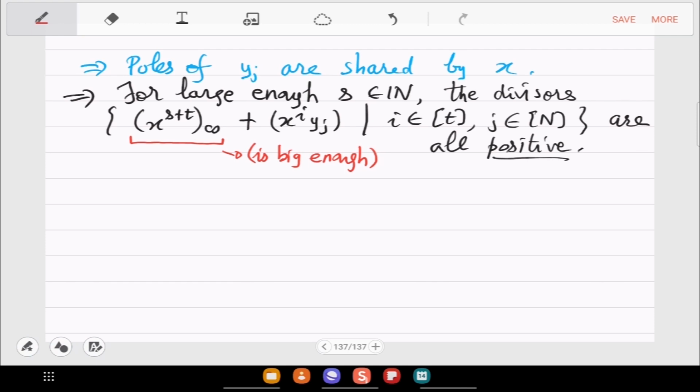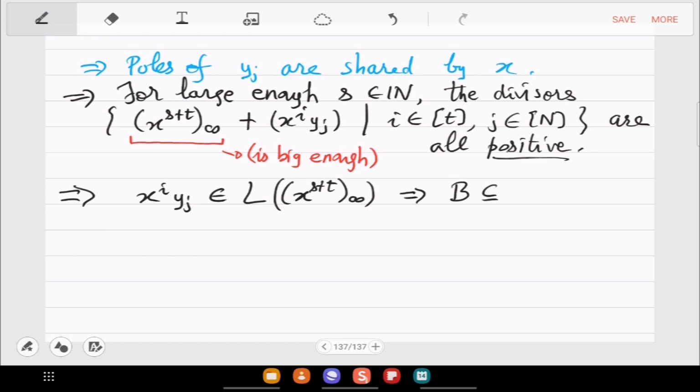So what does that mean in terms of the L sheaf? It means that x^i y^j is in the L sheaf of this divisor, right? So B is a subset of that. So we have identified a lot of functions in this L sheaf that are independent.